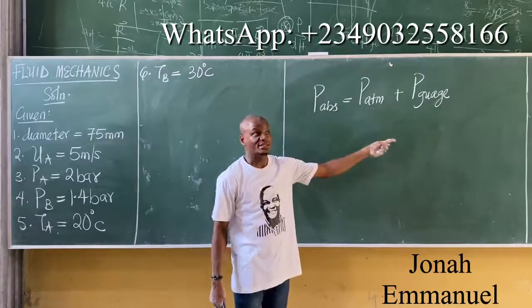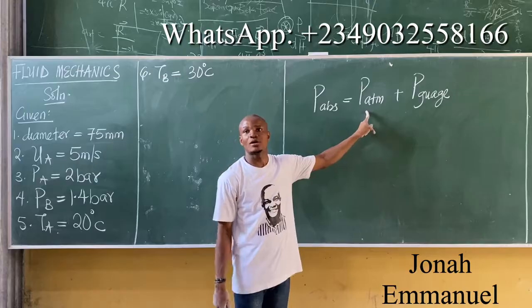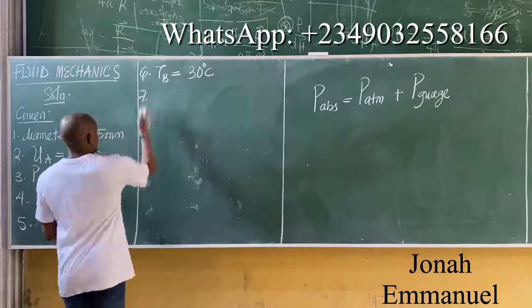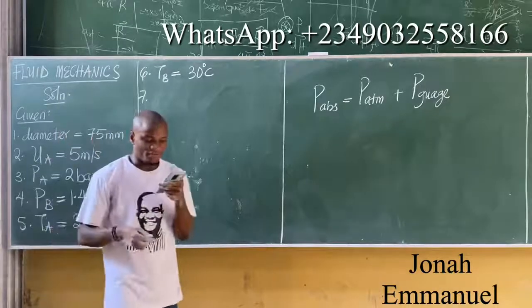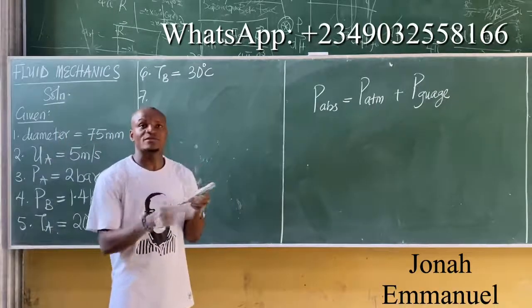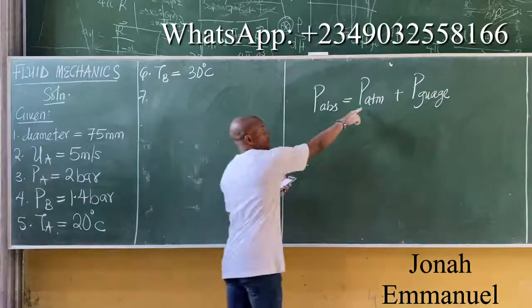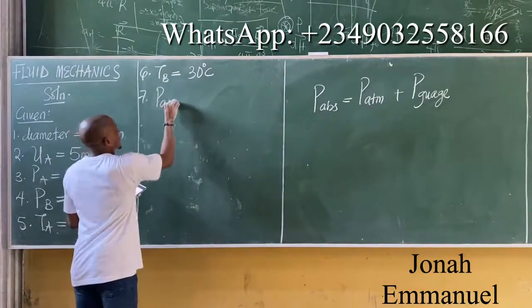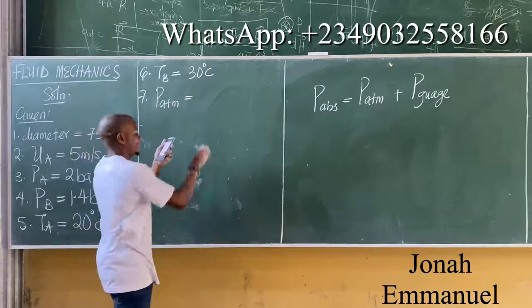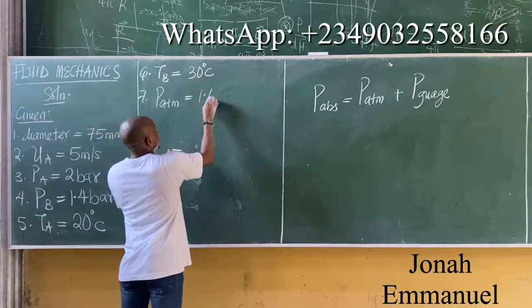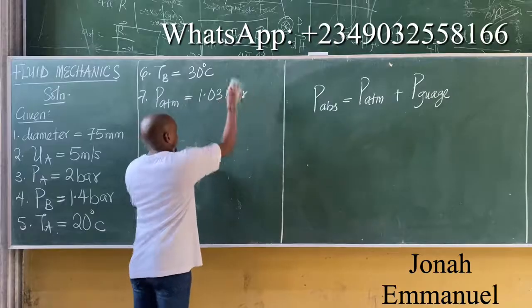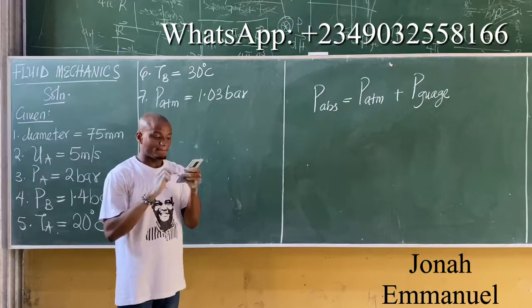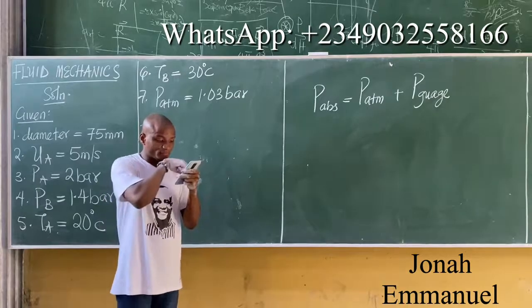So if they say for a barometer reading, it becomes atmospheric pressure or barometric pressure. So P atmospheric is given as how many there? 1.03 bar.